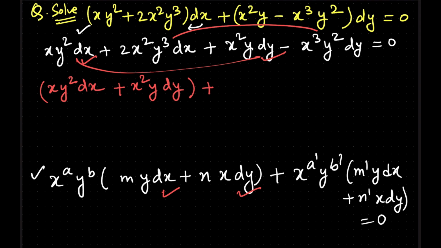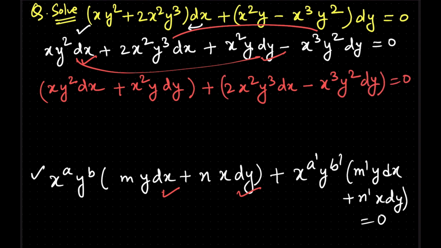Similarly, bringing these two terms together, 2x squared y cube dx minus x cube y square dy equal to 0. Let's bring the common factor out.